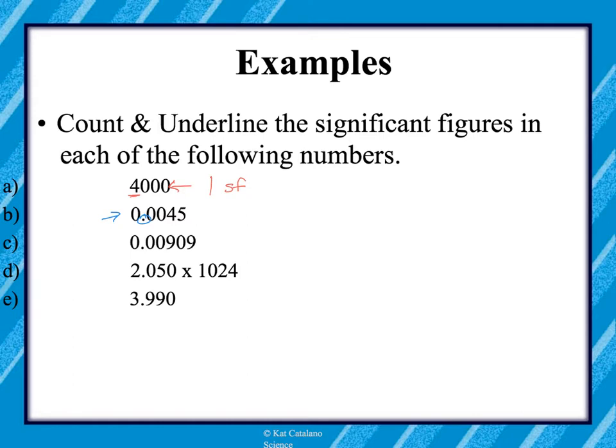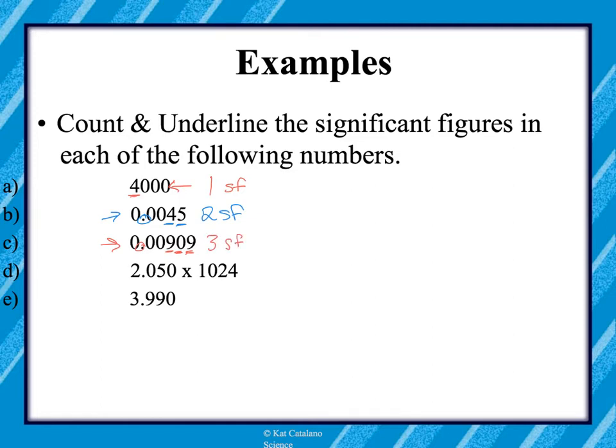As I go from left to right, the first number that is not a 0 is the number 4. So I'm going to count 1, 2. That'll be two significant figures. Continuing on, I have another number that has a decimal that is present. So starting with the first number that is not 0, in this case a 9, it's 1, 2, 3 sig figs.